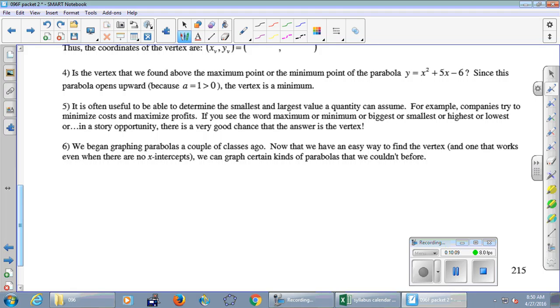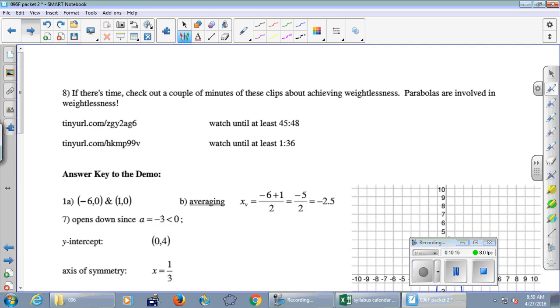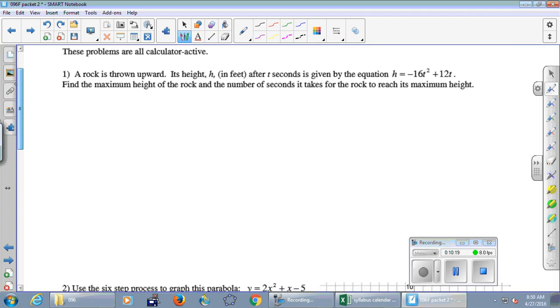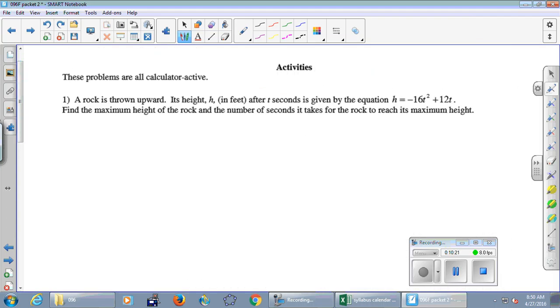Okay. All right. So what I'm going to do here, we're going to skip the next page. I'm just going to jump to page 218. We're just going to run through some of these word problems. And I just want you to quickly skim the problem here, number one, and find the word that translates to vertex. One word in this problem says, find the vertex. Which one is it?